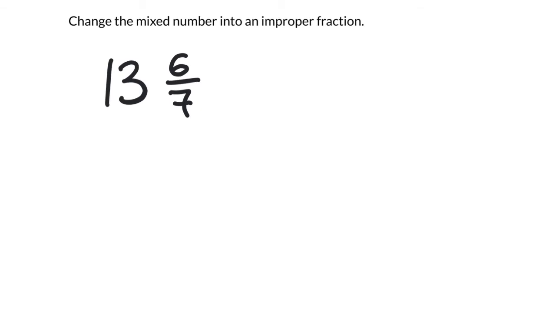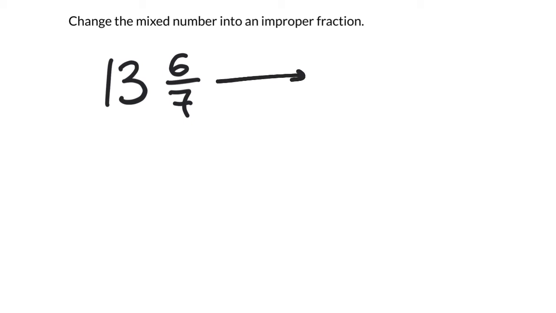I like this example because we're dealing with some unusual values, right? We saw 10 and 20 as the whole values, but it's nice to see some unusual whole numbers like this, and even 7 as a denominator, that's okay. So, applying my cycle method to change this into an improper fraction.